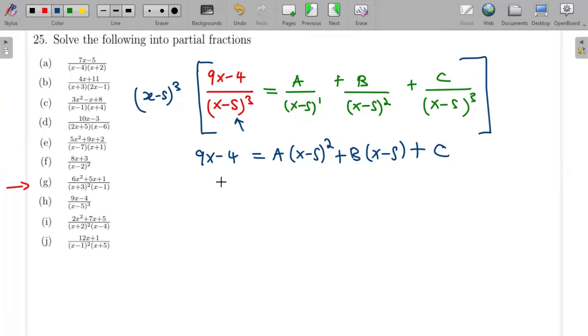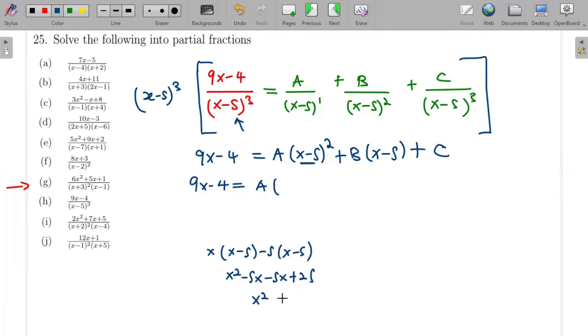All right, and then from here, I'm just going to expand. So 9x - 4 equals a times (x - 5)(x - 5). So this would be x^2 - 5x - 5x + 25, x^2 - 10x + 25.